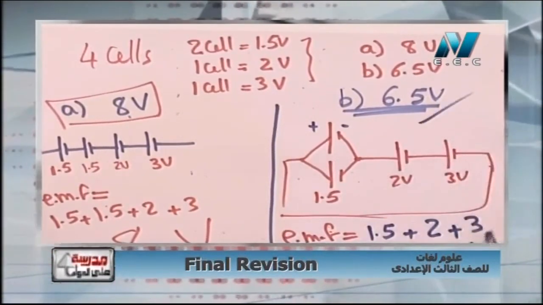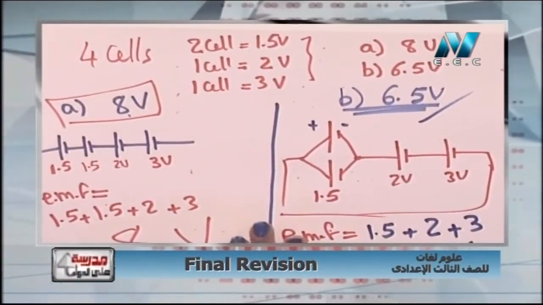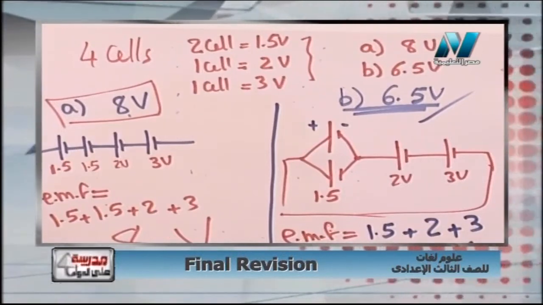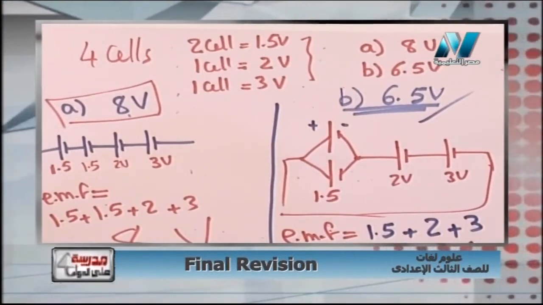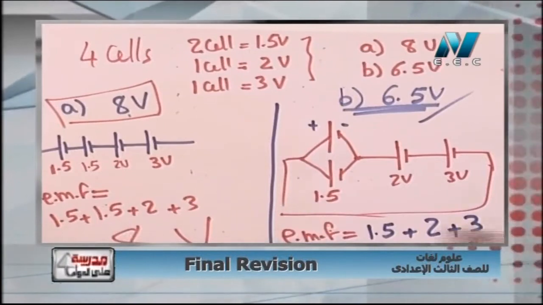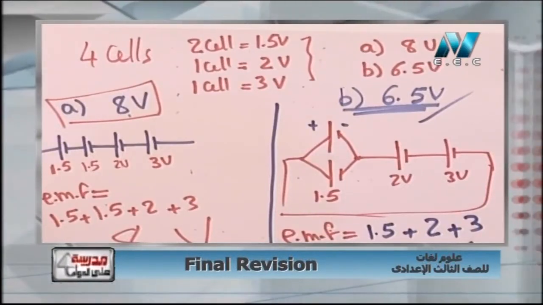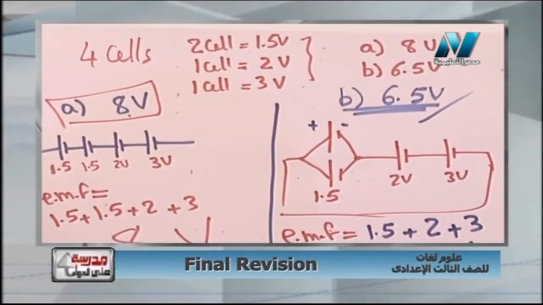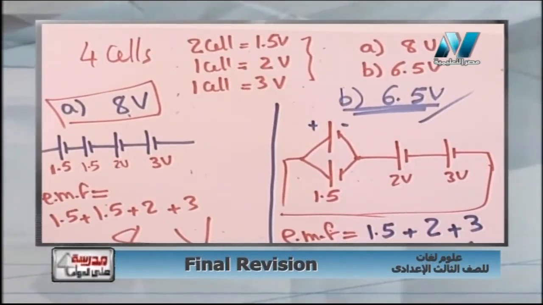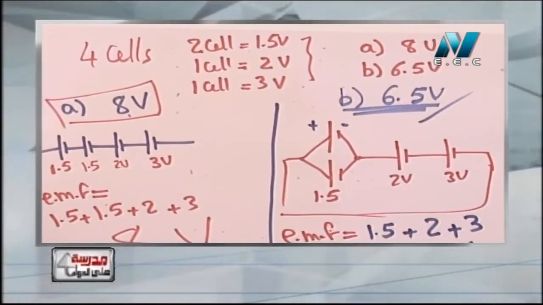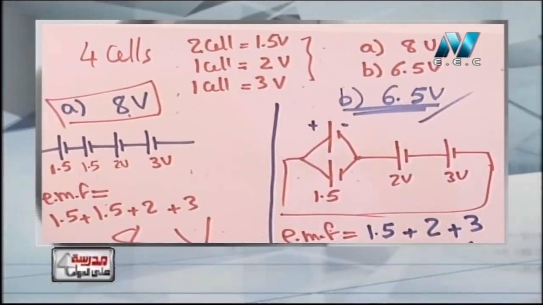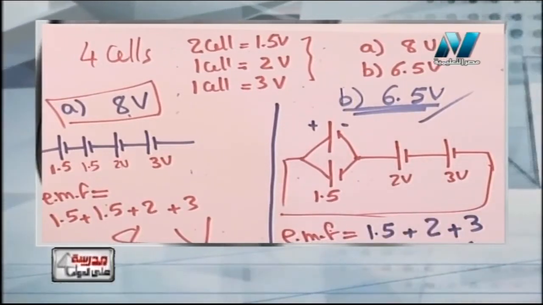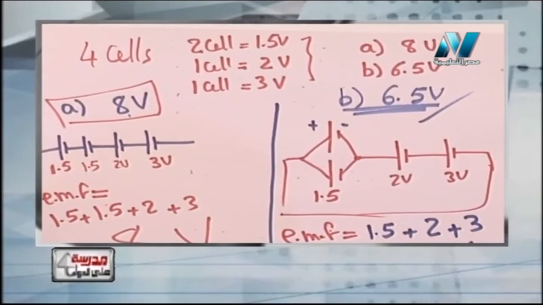And this is the answer of number B. Okay, this is a very good question or problem because you are going to think and you are going to use both methods, series and parallel connection. It is not like the problems you answered before where all of them are similar in volt. No, you may have different types of volt, like this problem: 1.5 with 2 volt with 3 volt. I have 3 types of volt.